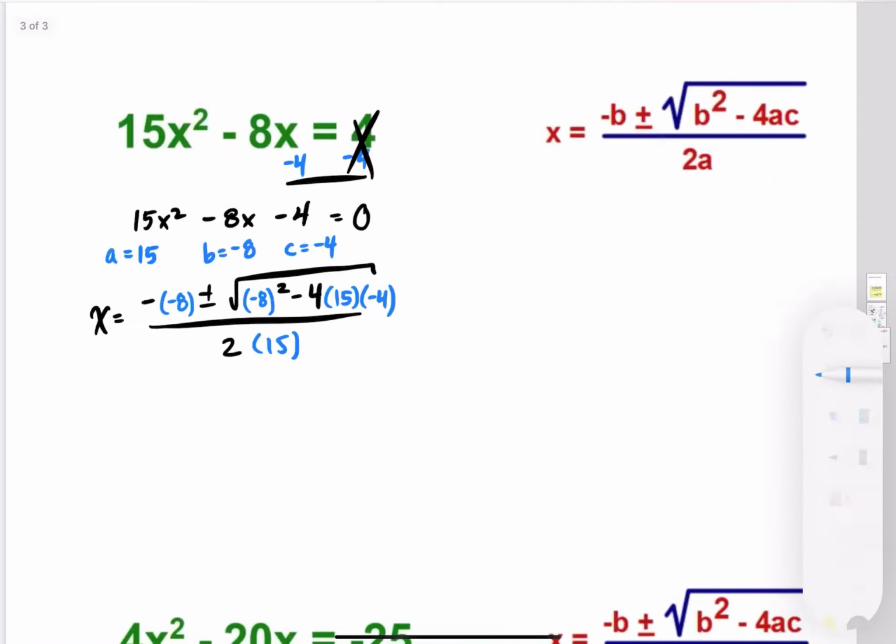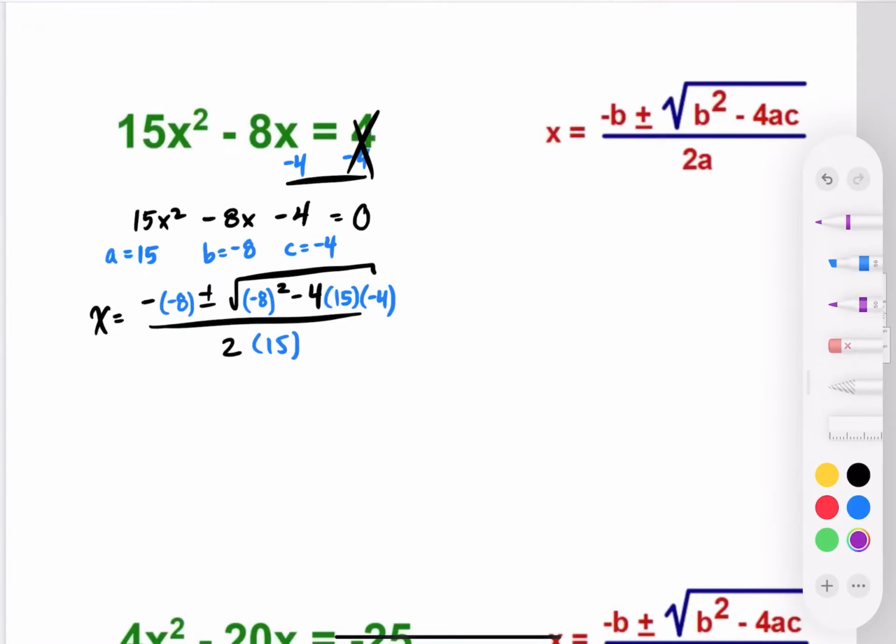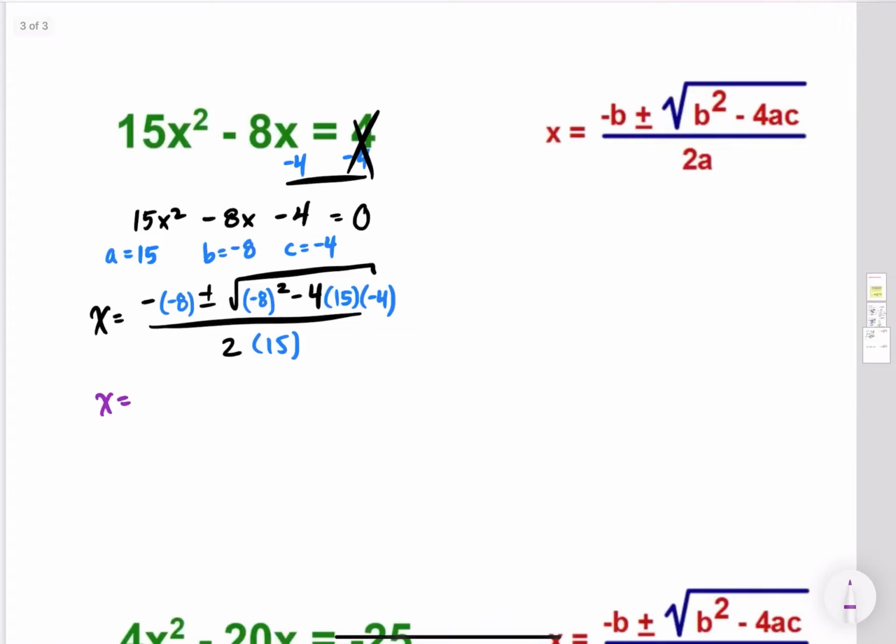Okay, so now we're just going to go ahead and simplify this. I'm not going to change colors here. So negative 8 means positive 8. And then we have our plus or minus the square root. And negative 8 squared is 64. Negative 4 times 15 times negative 4 is going to give me positive 240.